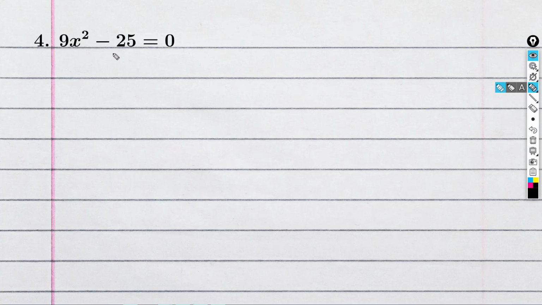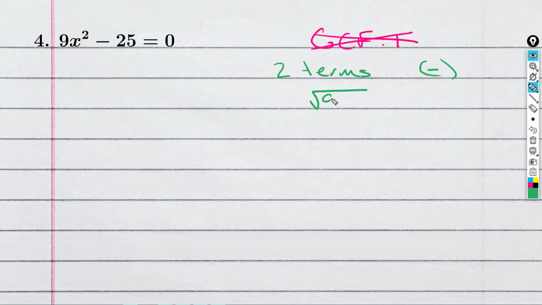So I look at 9 and 25. Is there a common factor? No. My GCF is just that 1, so I really don't have to worry about it. Now I go, okay, I've got 2 terms and a minus sign. So that means I need to try to take the square root of both pieces.